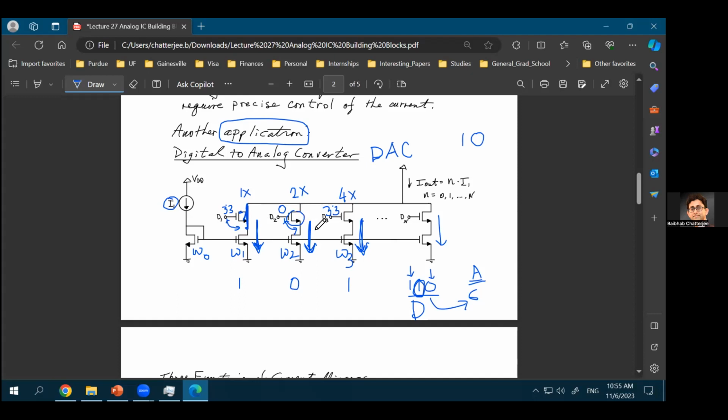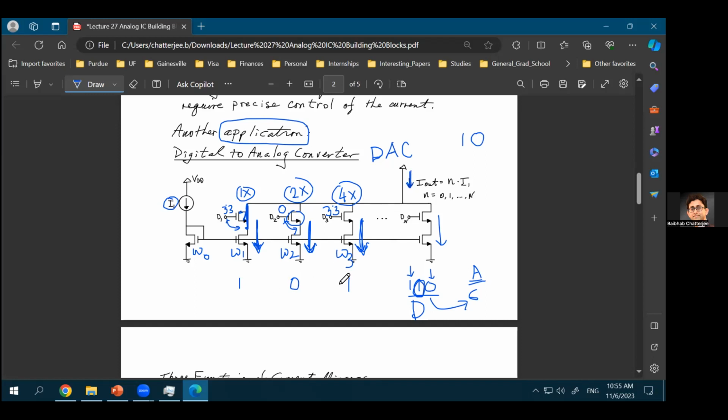So there is no 2x, even though 2x amount of current flow was possible if this switch had been on, it will not be there because the switch itself is off. The 4x transistor, the switch is on again. So there will be a 4x amount of current flow through this branch. So what would be the total current flowing here? It will be 1x and this 4x. So there will be 5x amount of current flow through this in total.